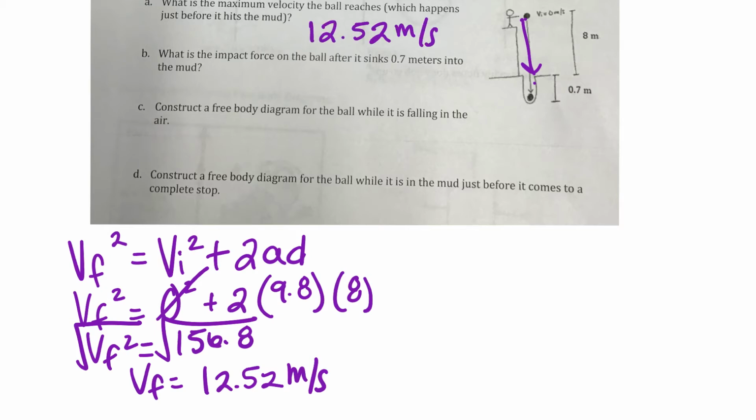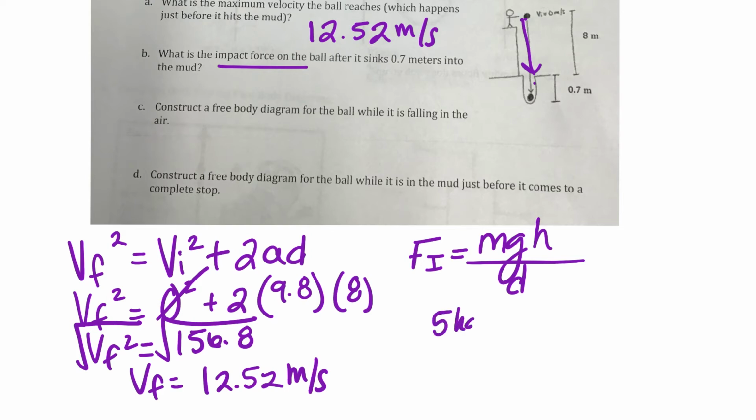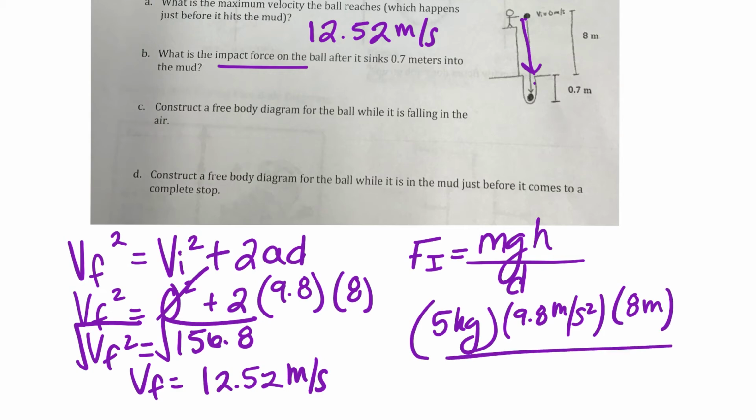All right. Now for B, we want to find the impact force on the ball. The easiest way to go about this is just using the formula that I taught you guys, which is your impact force equals your mass times your acceleration due to gravity times the height the ball falls before it starts hitting the mud, divided by the distance that it's sinking into the mud. So we have the mass of the ball was 5 kilograms times our acceleration due to gravity, 9.8 meters per second squared, times the height that it falls, which was 8 meters, and then it sinks 0.7 meters into the ground.